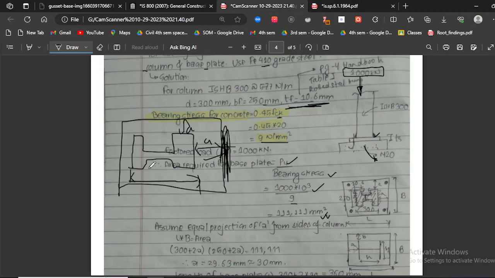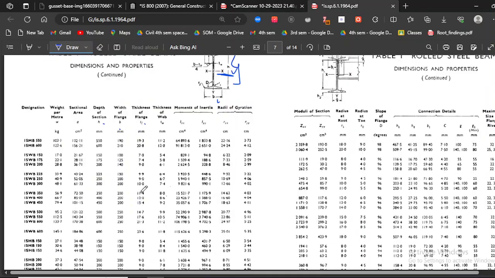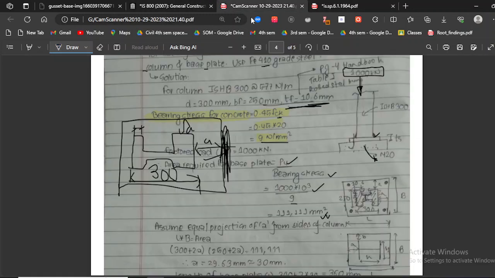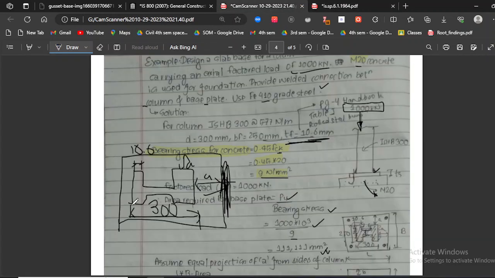Similarly, the other values: this is my TF, the thickness of flange, which is equal to 10.6. And finally, I have BF, my width of the flange, which is 250.